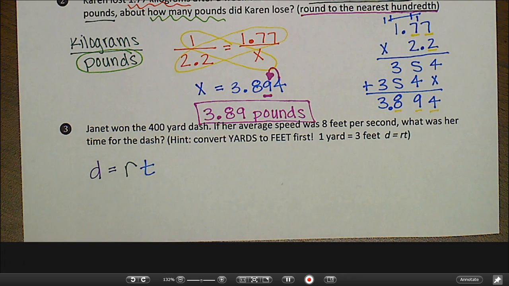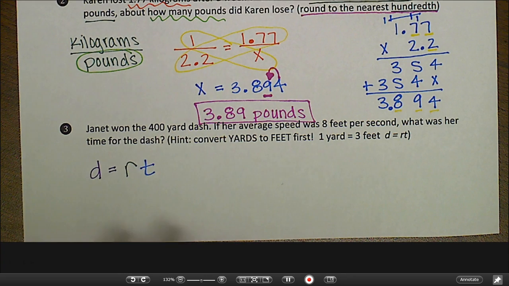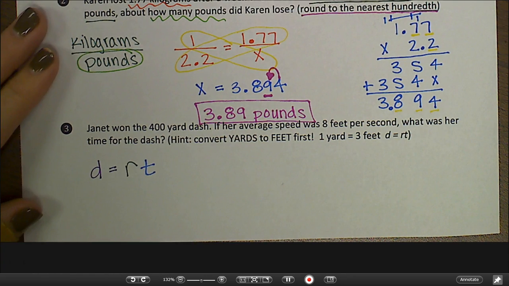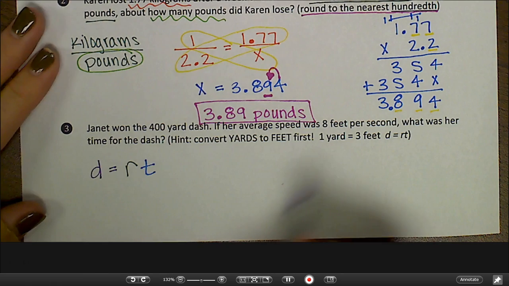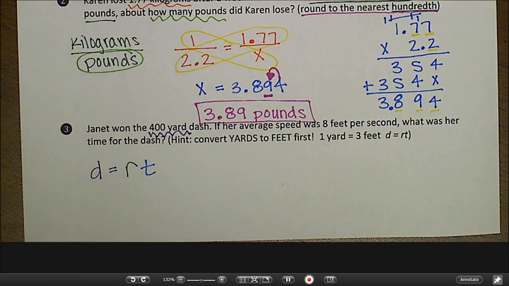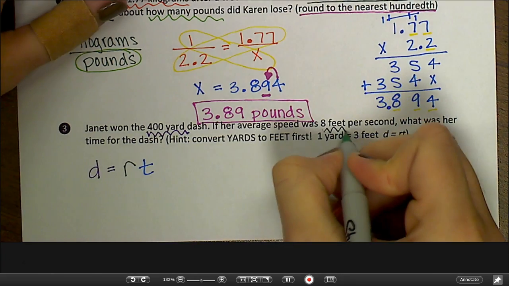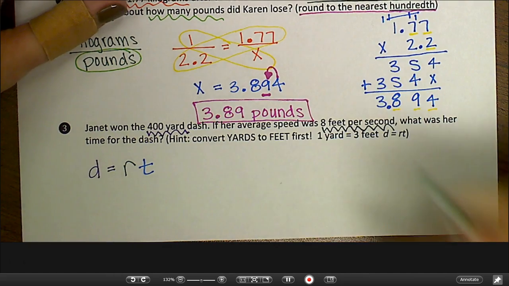Now, this is going to be a multi-step question here, so we need to start looking at what we may need to change. Okay, we know it's a 400-yard dash. We also know that her average speed, okay, so this is our distance, 400 yards. We also know that her speed, or her rate, was 8 feet per second.